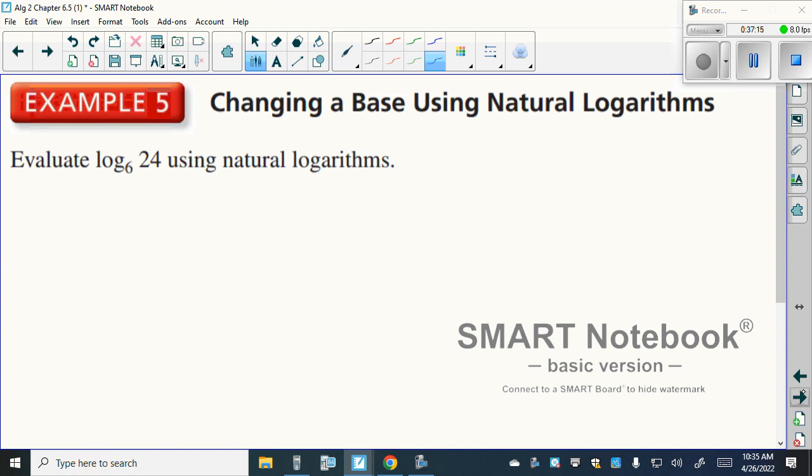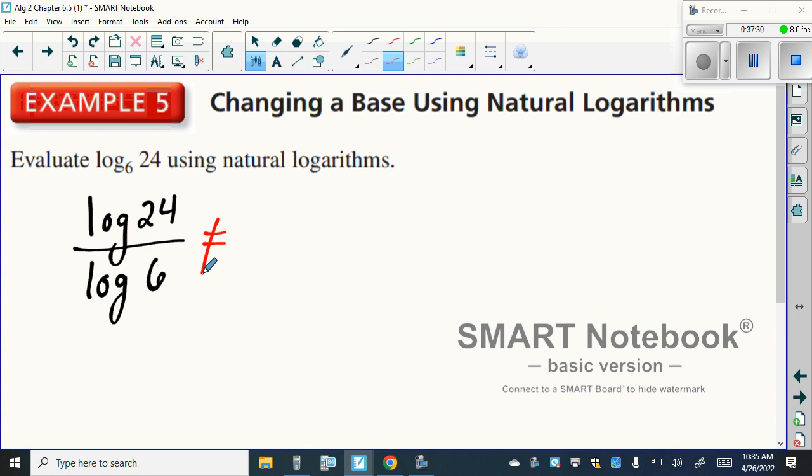Now, one of the things I will say, because of this one here, log of 24 over log of 6, I've seen this before. Don't write this down. Please do not write this down. This is not the same as log of 24 over 6.